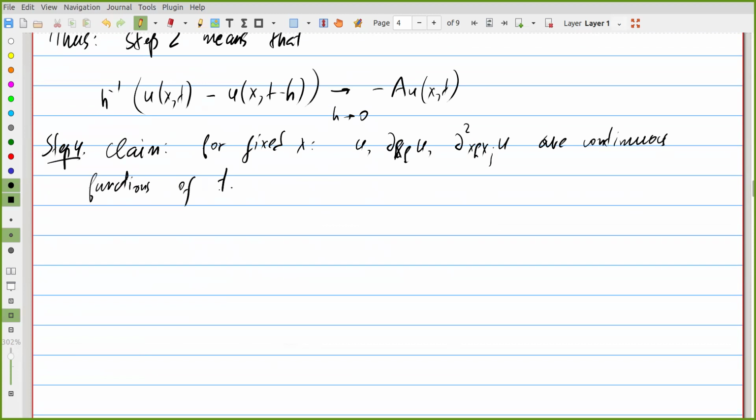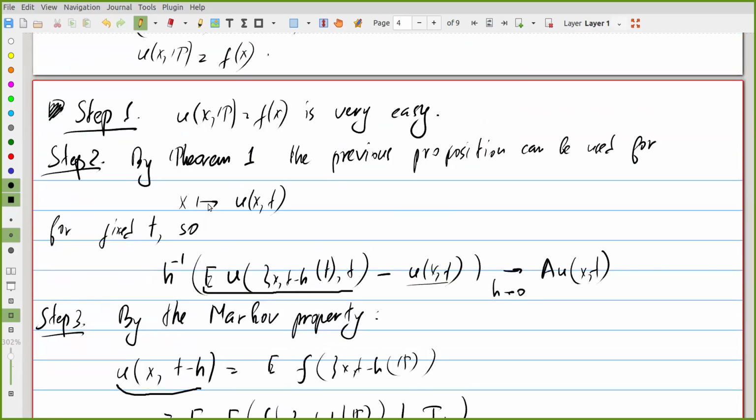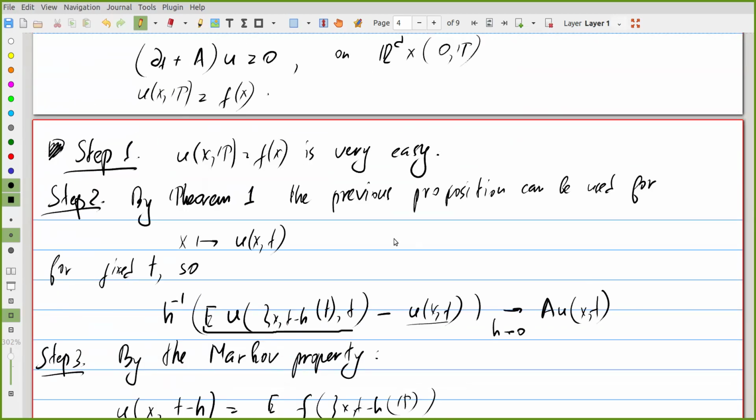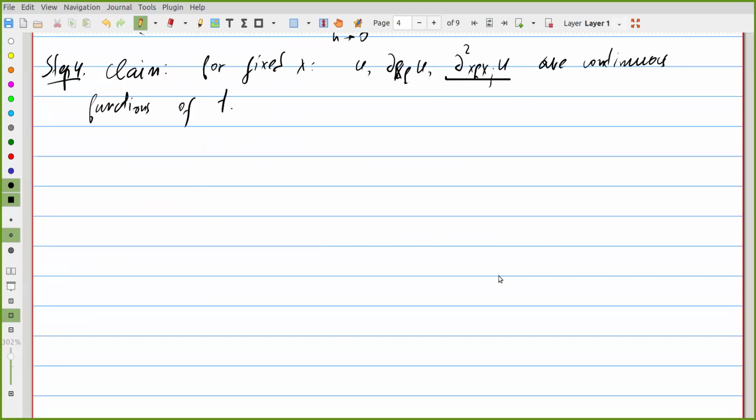It's not hard to prove. Effectively, it's again a combination of the previous reasoning, so I guess we can believe this. So why do we need this? Because we need this to be a good function of t, and it requires a second derivative. So I will give this as an exercise. It's not hard to prove, but it's some lines.